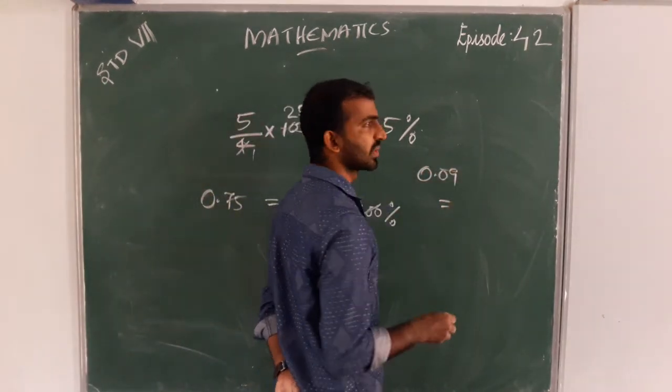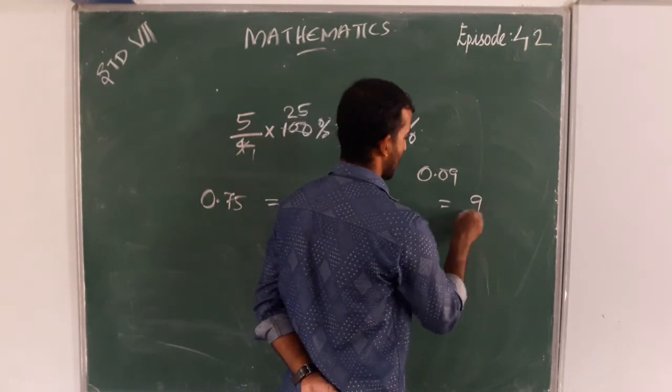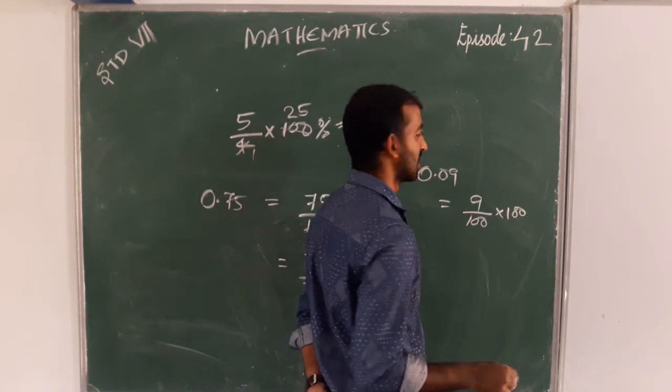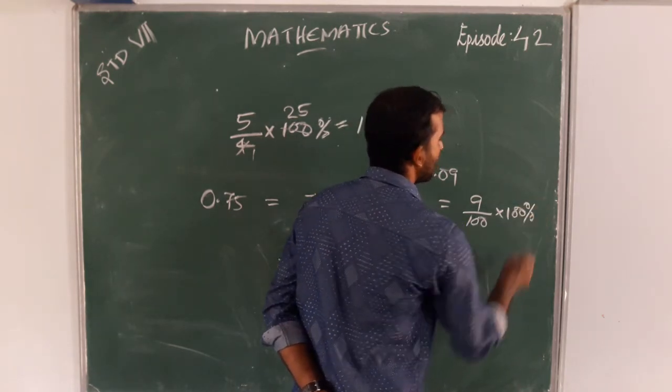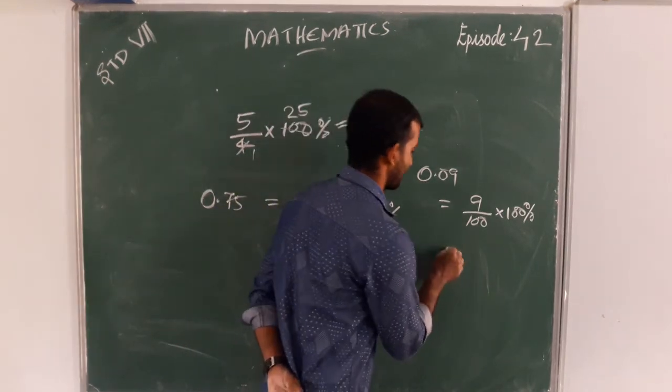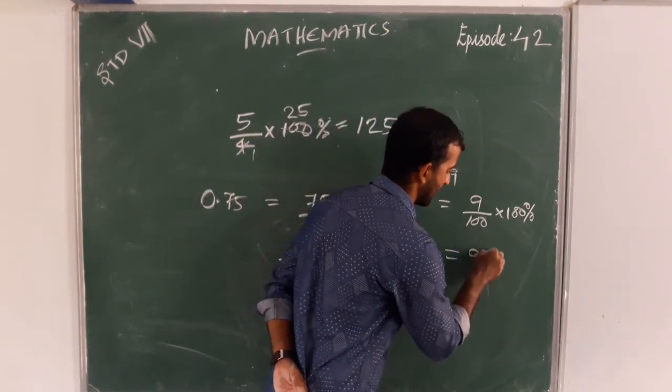And next is 0.09. That is 0.09 means 9 by 100. We convert it into percentage.